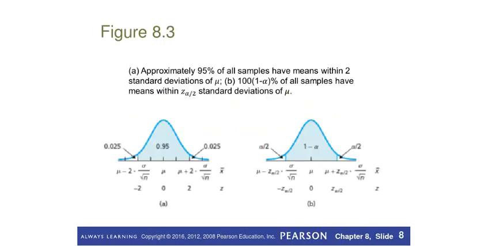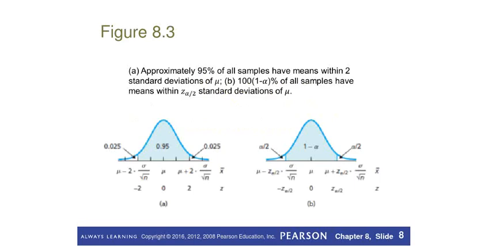Here's an illustration of a normal curve, and we've talked about these normal curves now in the last few chapters, and approximately 95% of samples, if you recall by the empirical rule, fall within 2 standard deviations of the mean. What does that really mean?